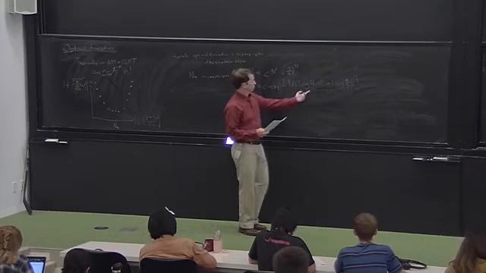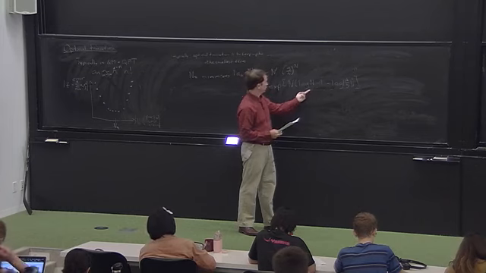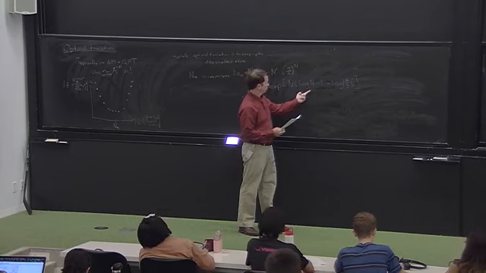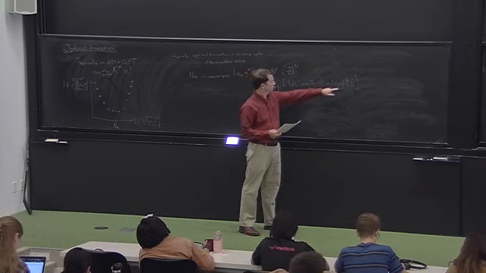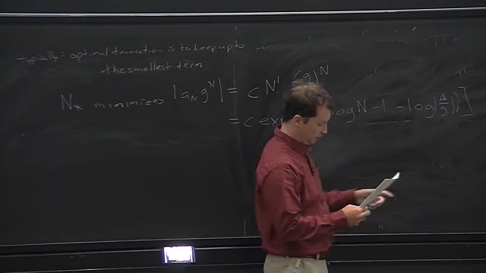For large n, this is minimized when n is about a over g.